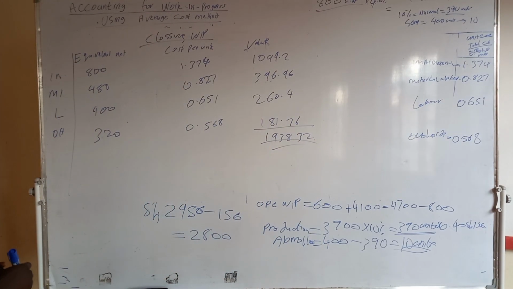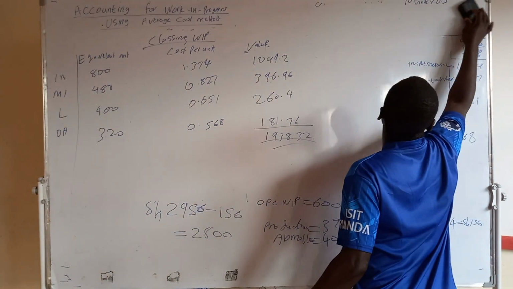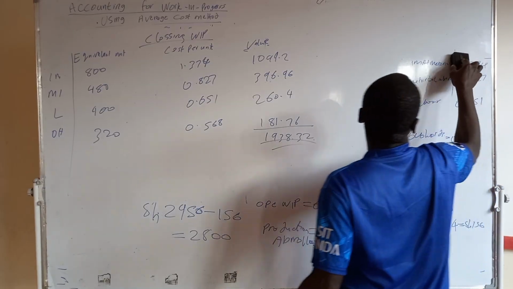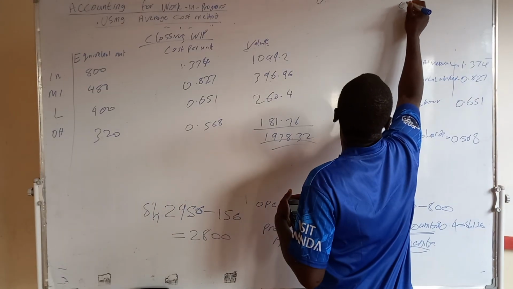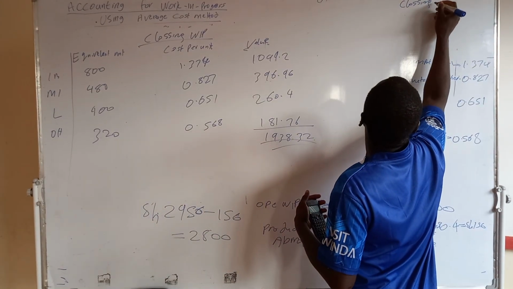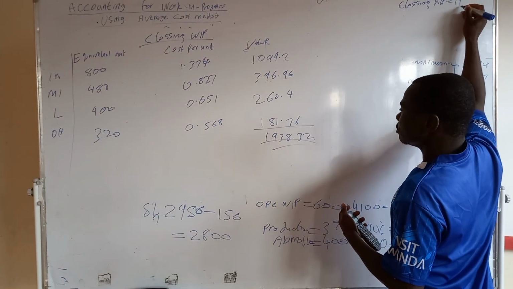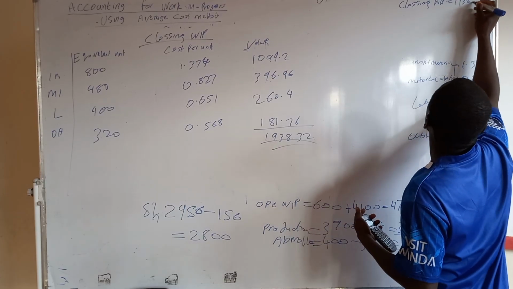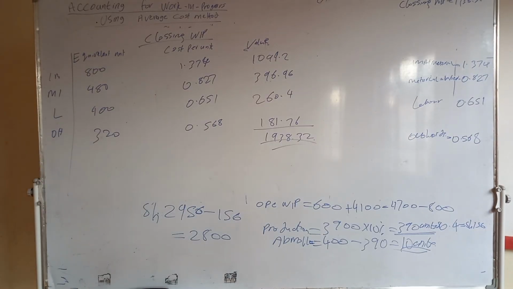Now, our closing work in progress in terms of value, just put it somewhere here, is 1938.32. That's the value of the work in progress.